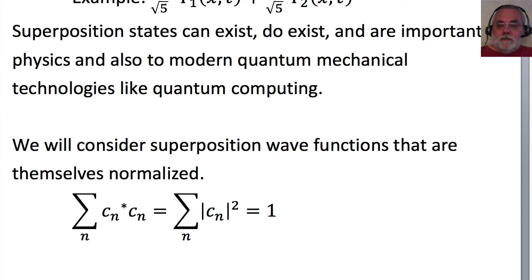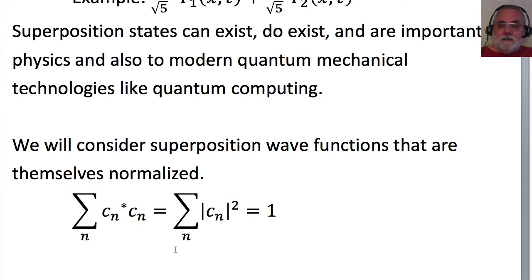We will consider superposition wave functions that are themselves normalized. So the energy eigenfunctions will be normalized and the superposition wave function will be normalized. The requirement that will make that be the case is that the sum over all n of c sub n conjugate times c sub n be 1.